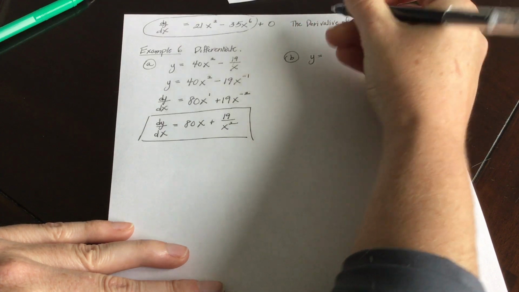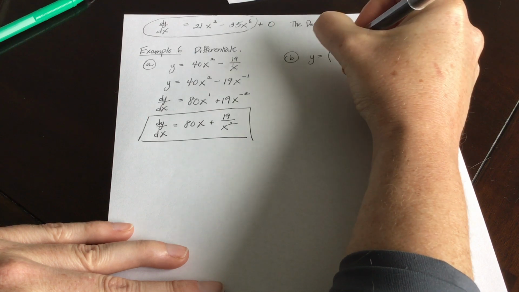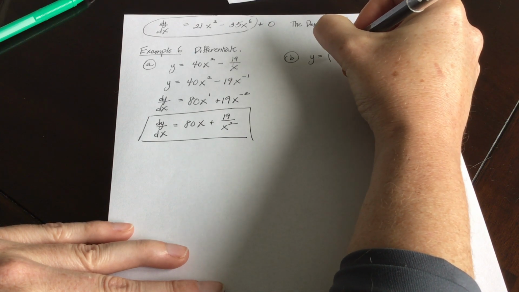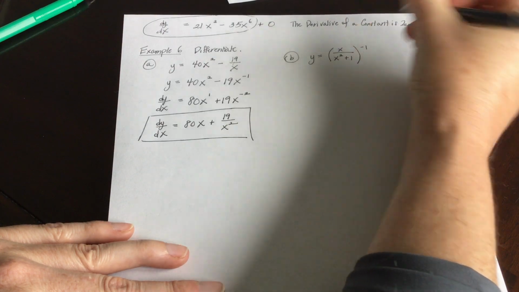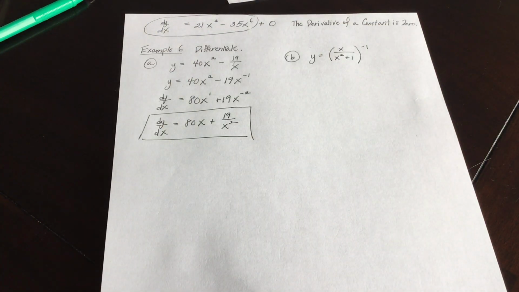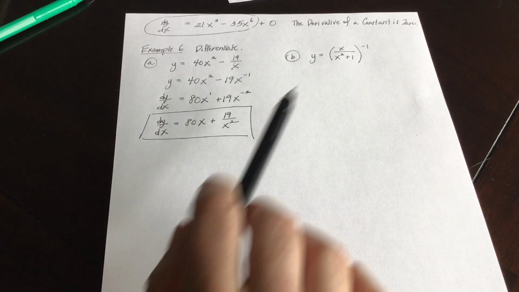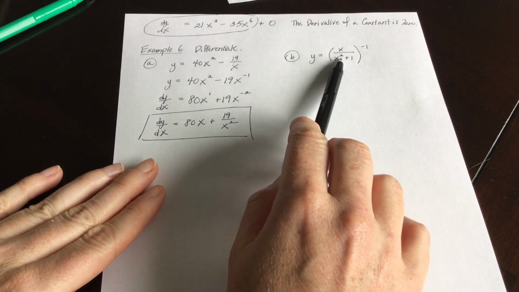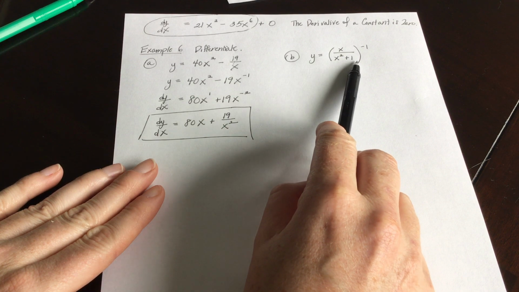Let's give you y equals the quantity x over x squared plus 1, to the negative 1. Now let's think about this one. Do we have a rule for derivatives of a function of x divided by another function of x?